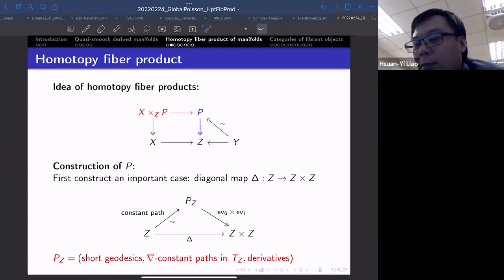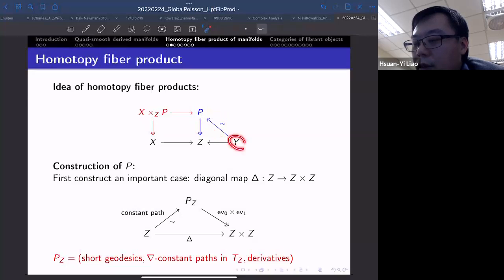But if one of the maps is a submersion, then the fiber product becomes a manifold. So the idea is that I factorize one of the maps as a composition of a fibration, a submersion, and a weak equivalence.